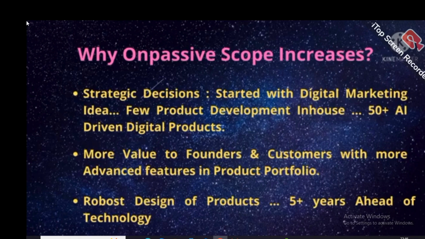My dear friend, there were strategic decisions. When ONPASSIVE started, it started with the concept that it would do digital marketing, and the product would be developed by a third party. But during that third party development stage, our honorable CEO Mr. Ash Mukherjee realized that if we want to satisfy the customers, we should have in-house product development.